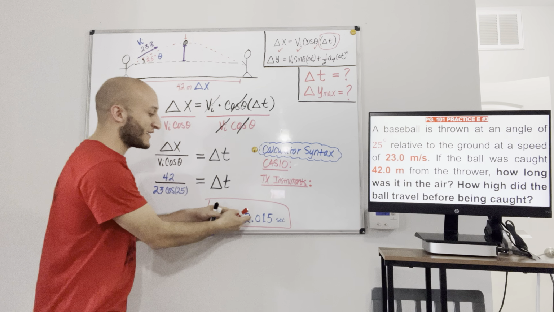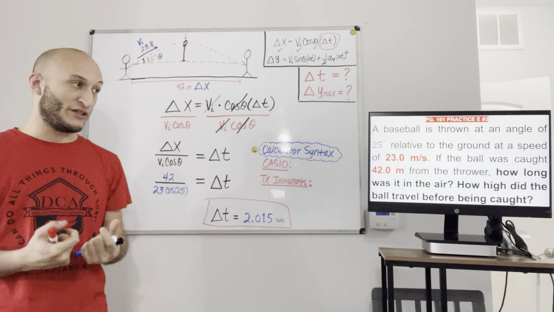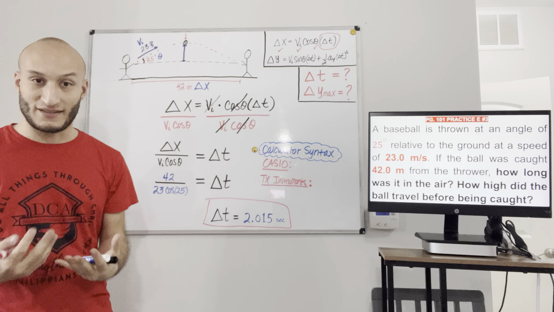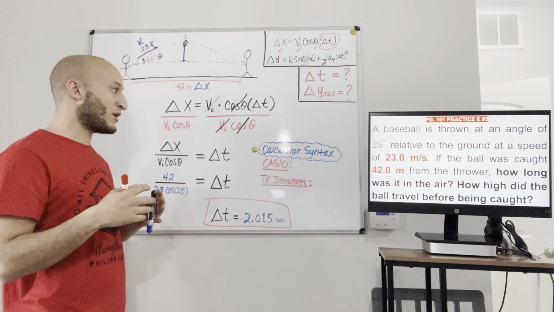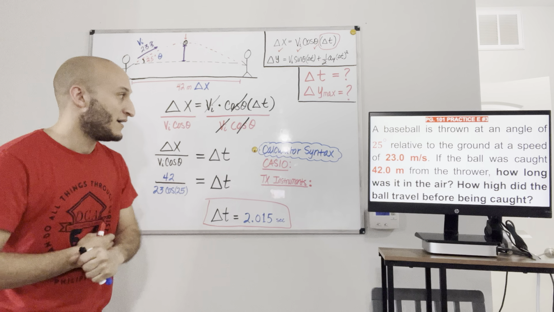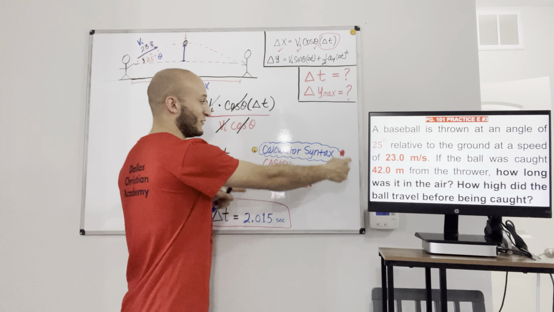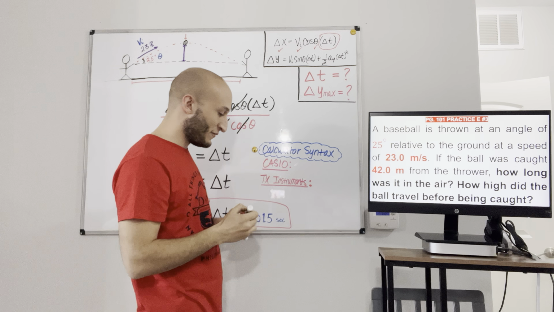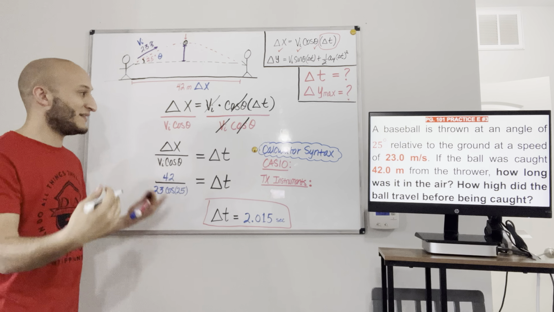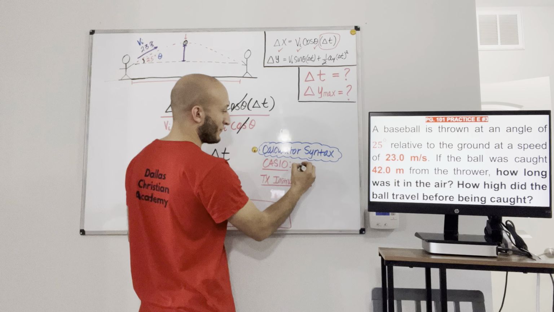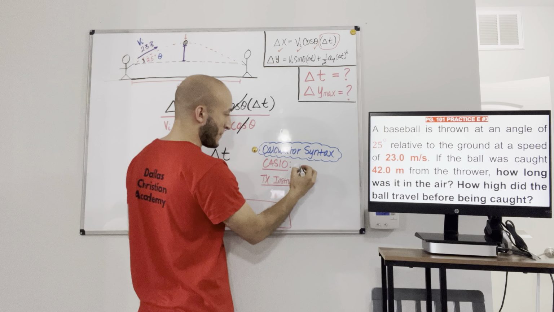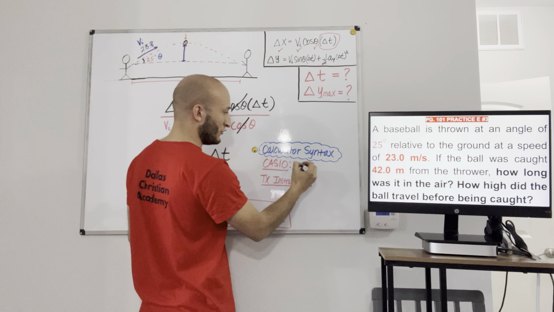Okay. Now, if you're not getting this answer when you type this in your calculator, it's probably because you're not using proper calculator syntax. So I have this little section here that's a reminder of how to type this in your calculator. If you have a Casio, they are one of the easiest to type in.